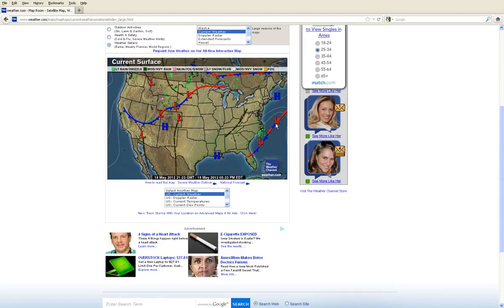And then you see alternating lines of blue, red, blue, red. This indicates a stationary front. In other words, the front is not moving. You'll also notice these dashed lines, and you'll see these quite a bit during the summertime.